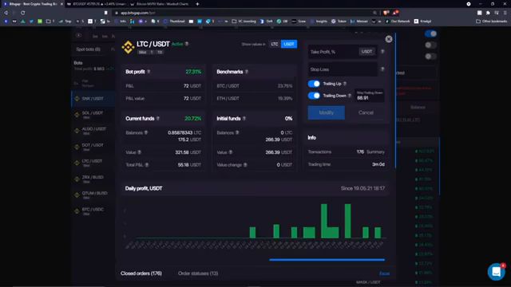Whereas here my LTC made only 20%, which is lower than Bitcoin. So if I would hold this money in Bitcoin, I would make 23%. But it has outperformed Ethereum by 1%. So it's kind of in between.